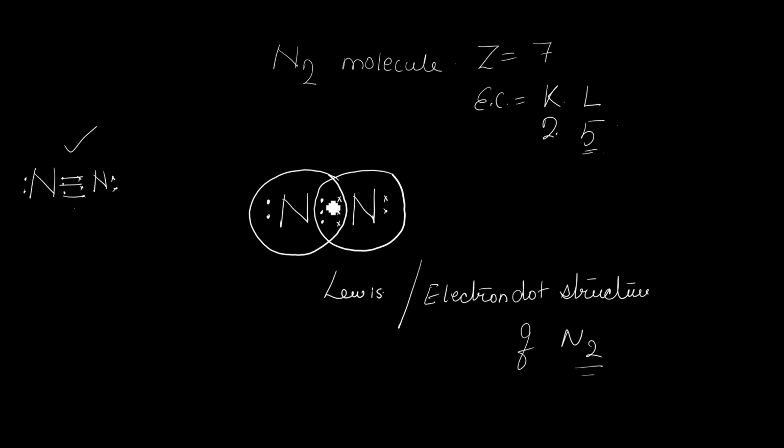So here how many electrons are involved? Here we have 6 electrons. 6 electrons means we have a triple bond between both the nitrogen. Both the nitrogen we have the triple bond.